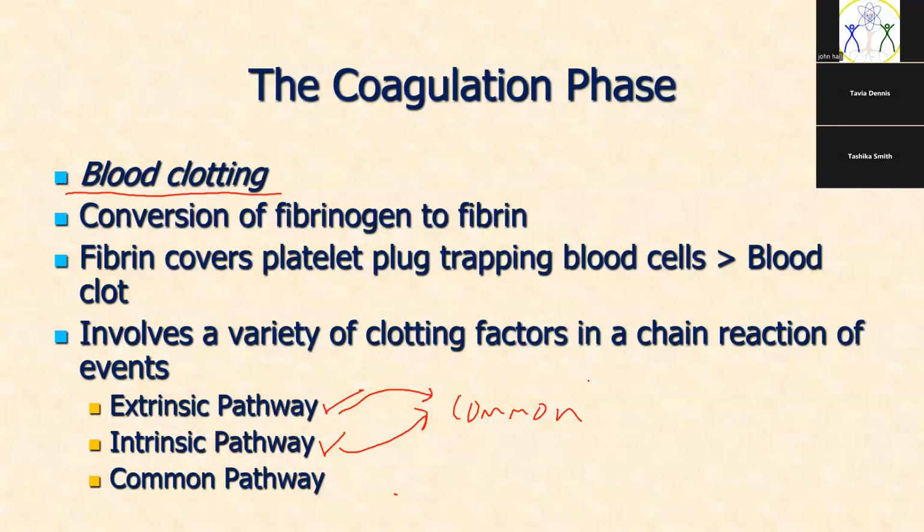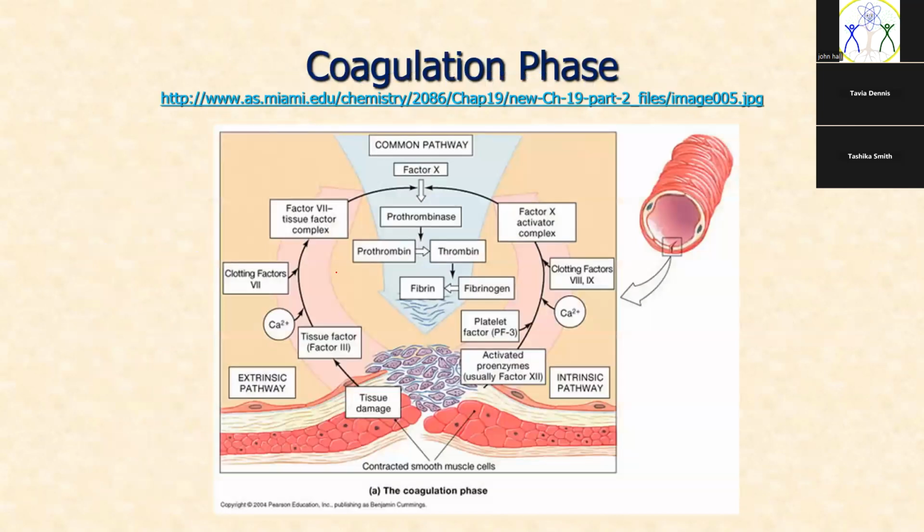Okay? Common pathway is where you actually get the clot forming. These two other pathways are simply how your body activates the formation of that clot, right? Or the common pathway. Now, this lovely diagram here, let me take this one too, is giving you an idea of all the pathways together.